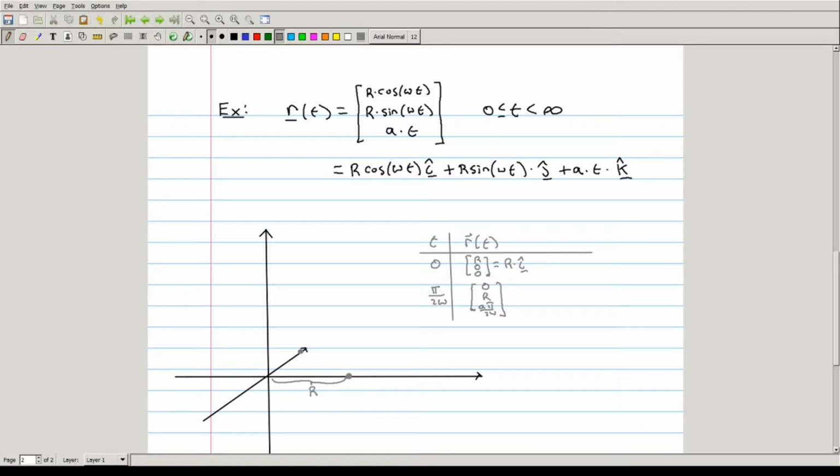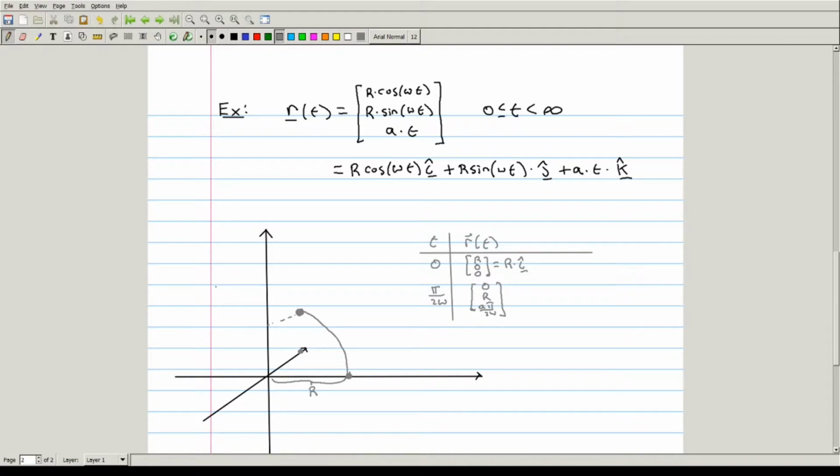So when t is pi over 2 omega, we're at a height right here, where the height is a pi over 2 omega. And it's not too hard to see that if you continue to connect the dots here for any and all other values of t, you get a curve that looks like this.